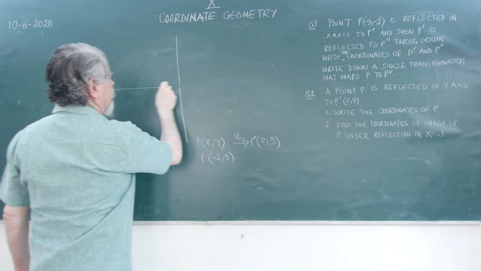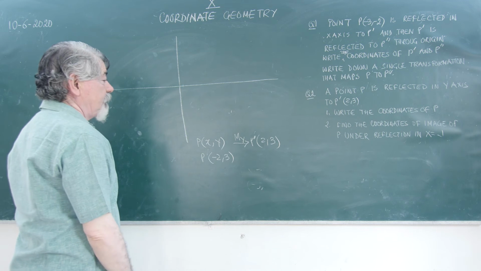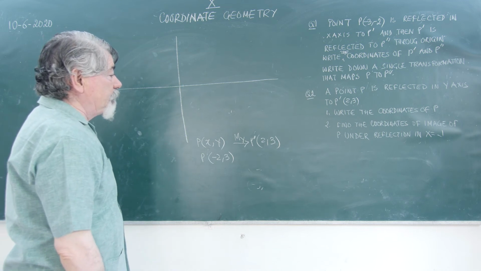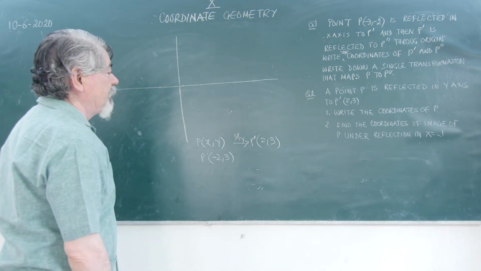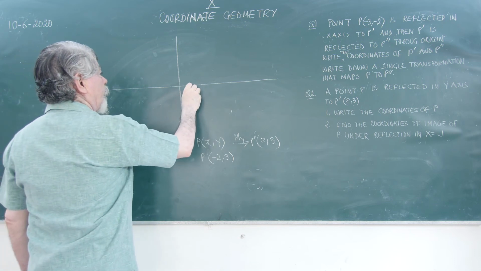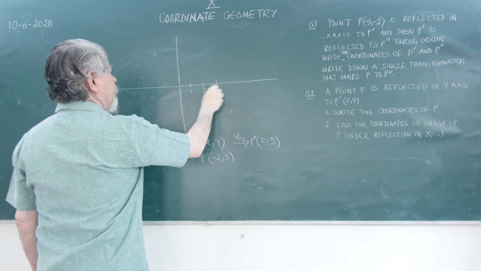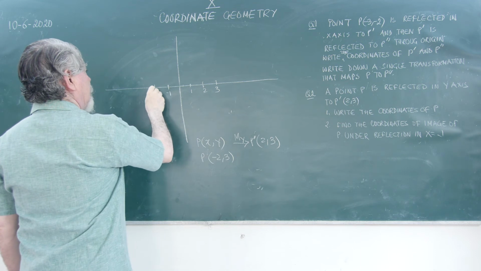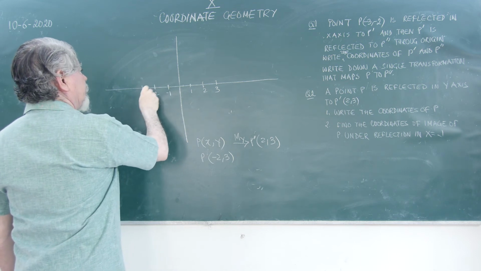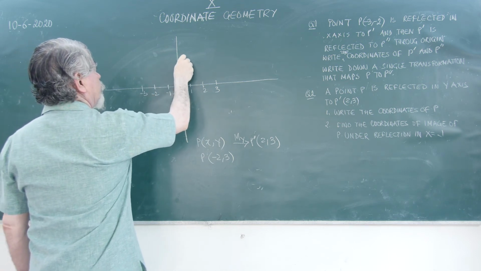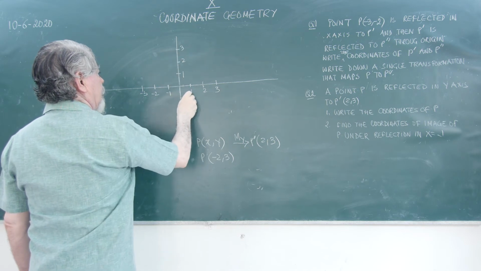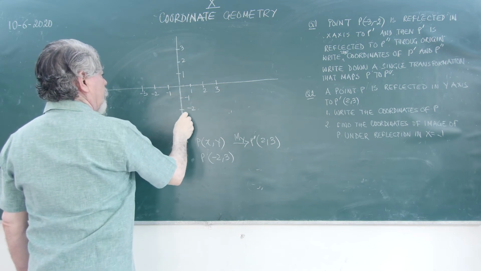It will be very easy for you to understand. There is a point P dash (2, 3). On the graph, 1, 2, 3, minus 1, minus 2, minus 3 on both axes.